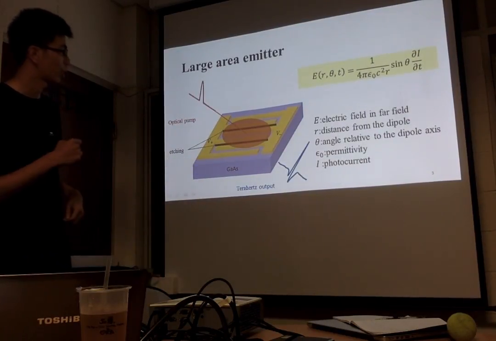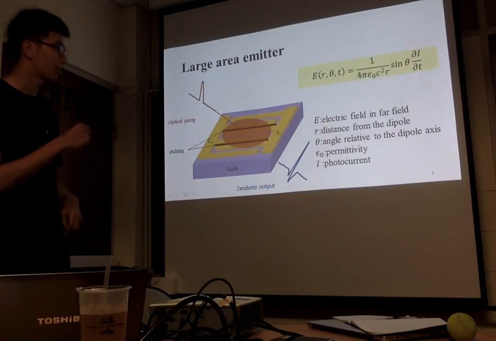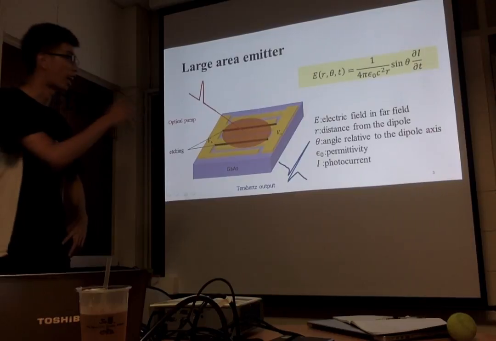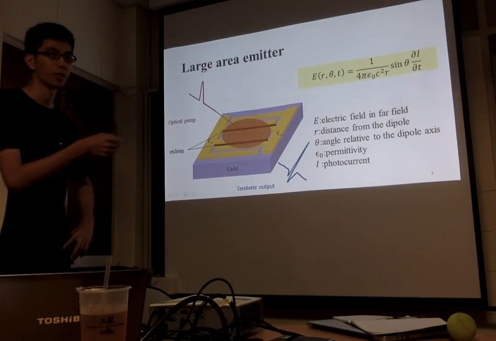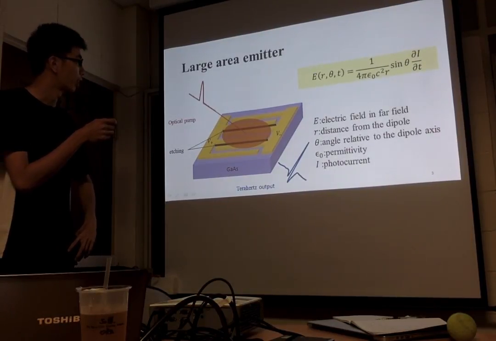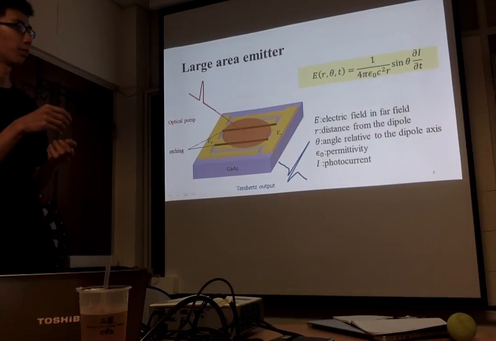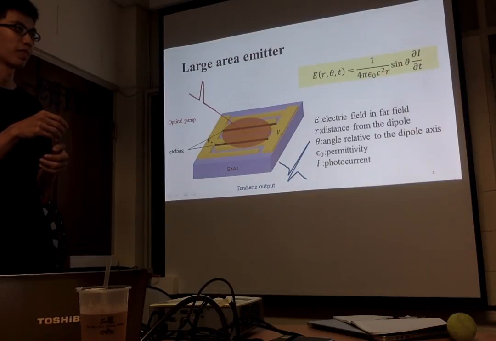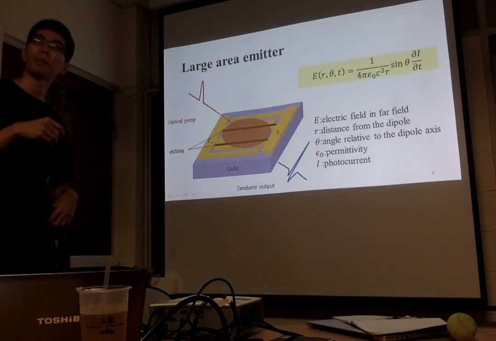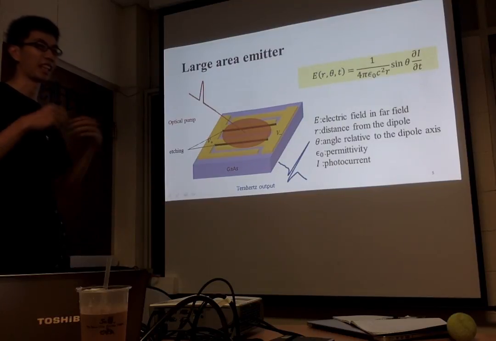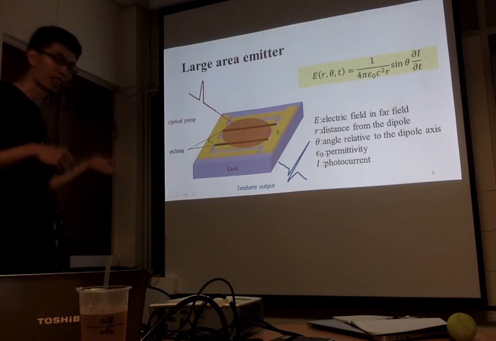If the distance R is very small, the radiation resistance is small, but it has a common function. I forget.